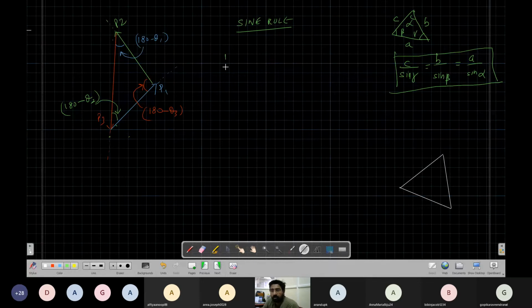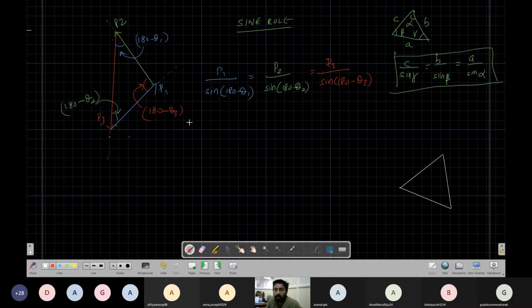So I can write P1 upon sine of 180 minus theta 1 should be equal to P2 upon sine of 180 minus theta 2, equal to P3 upon sine of 180 minus theta 3.